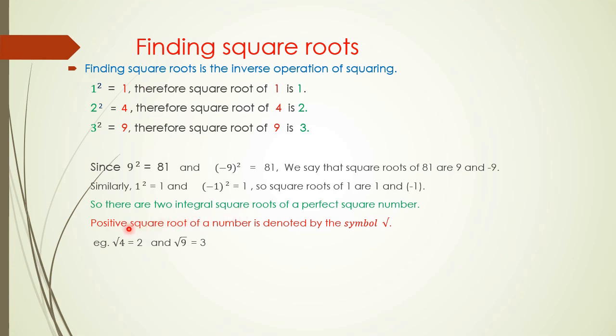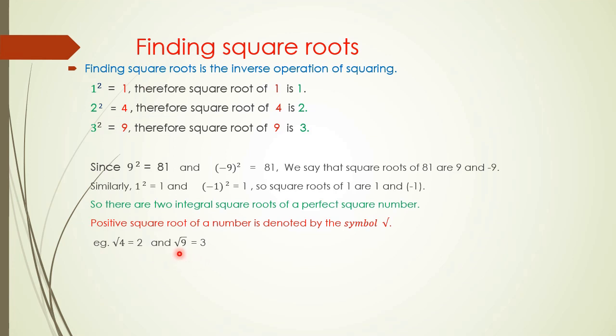So here we can write: the positive square root of a number is denoted by the root symbol. This is the symbol for the positive square root of a number. Example, the positive square root of 4 is equal to 2, not minus 2. With the symbol you have to write the positive square root.